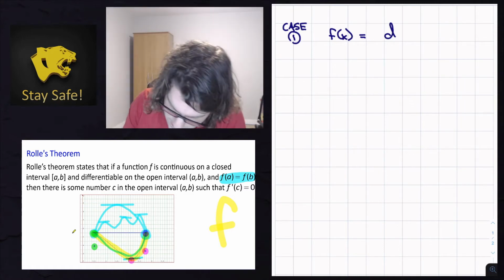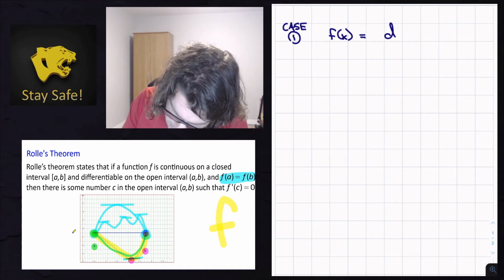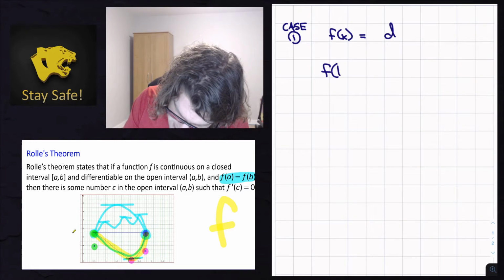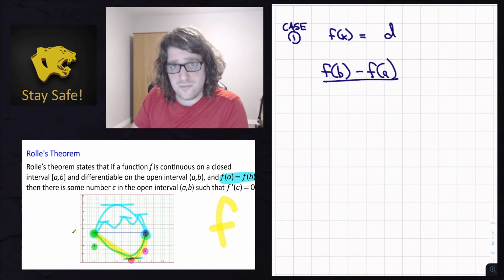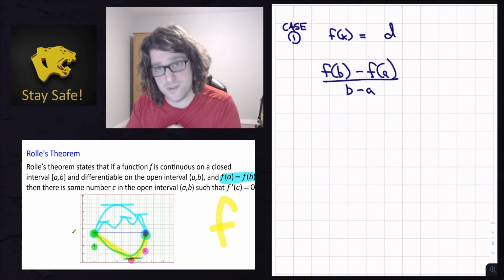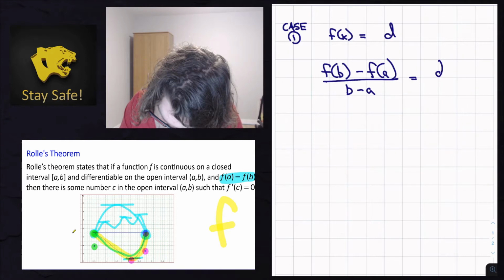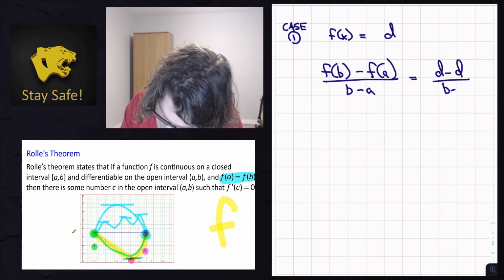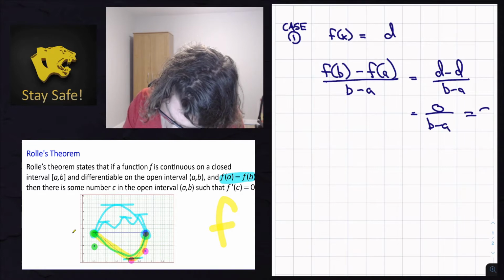Now, what that means is that for the entire function, because it's equal to d, if I were to take f of b minus f at a, and basically b minus a in the bottom, so delta y over delta x, my apologies for that, that's going to be equal to d minus d over b minus a, which is 0 over b minus a, which is 0.